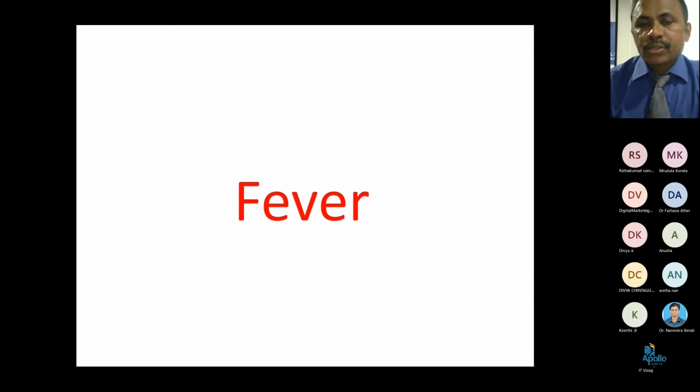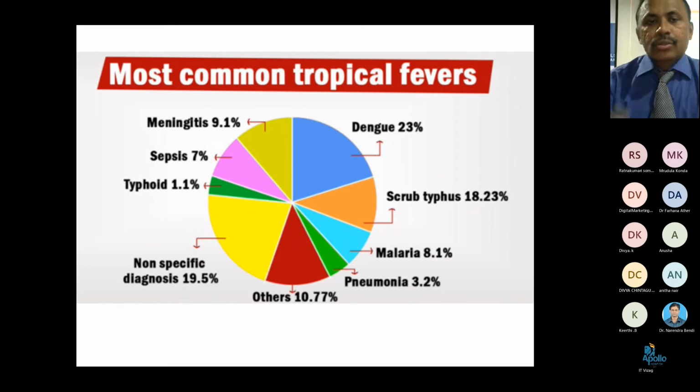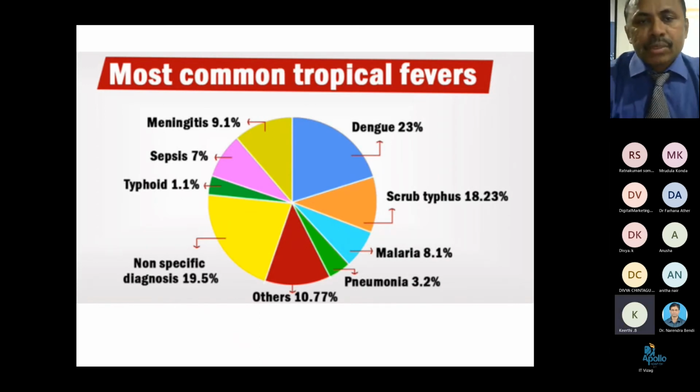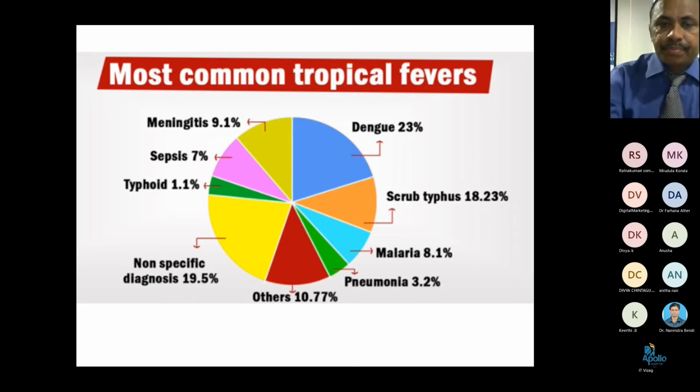All this information you gather as a part of the history taking. And then you do the clinical examination. So when you come across a patient, you think of all the possible causes of fever. It can be infective or non-infective. And you try to exclude groups of fevers or individual fevers based on the history and clinical examination.